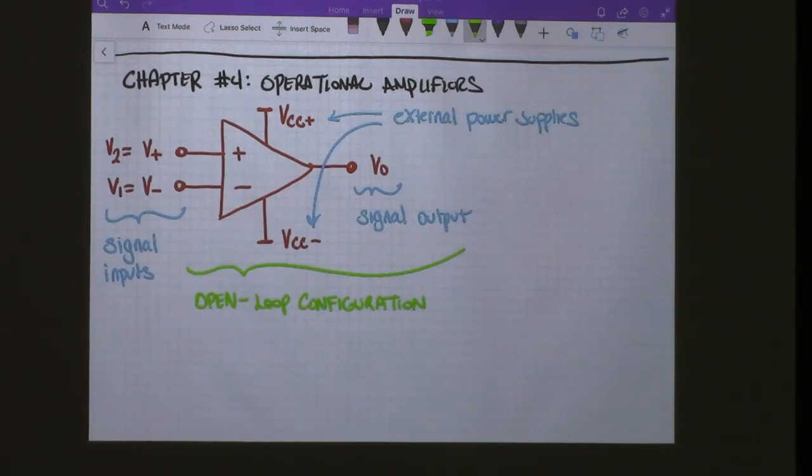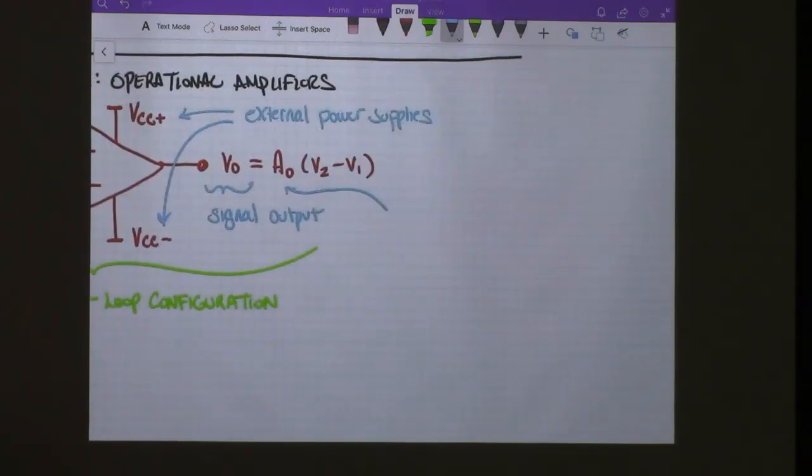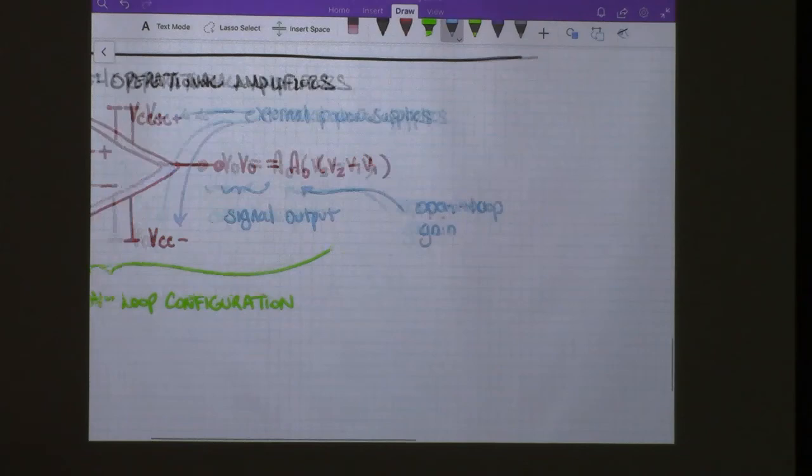All right, and so how do we define Vout? Vout is equal to a value A naught times, I'm going to say V2 minus V1, which is the same as V plus minus V minus. This value here is called the open loop gain of the amplifier.